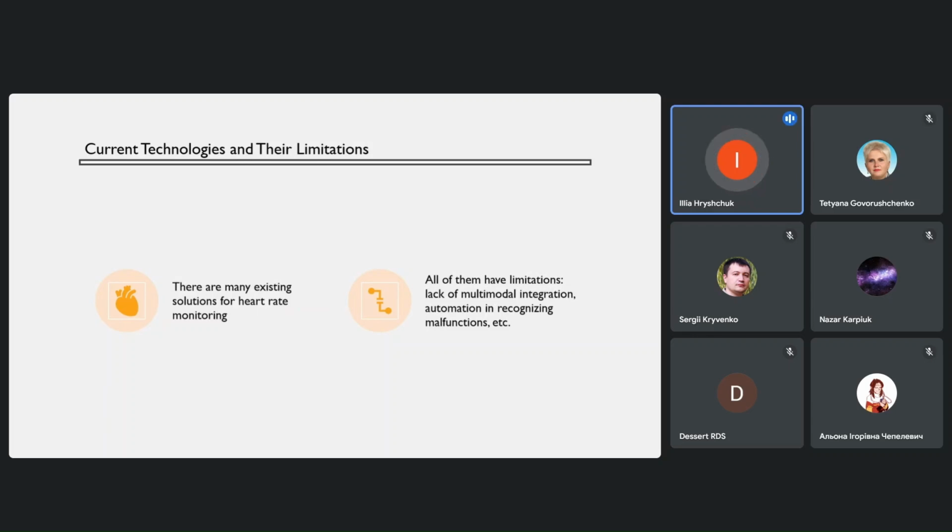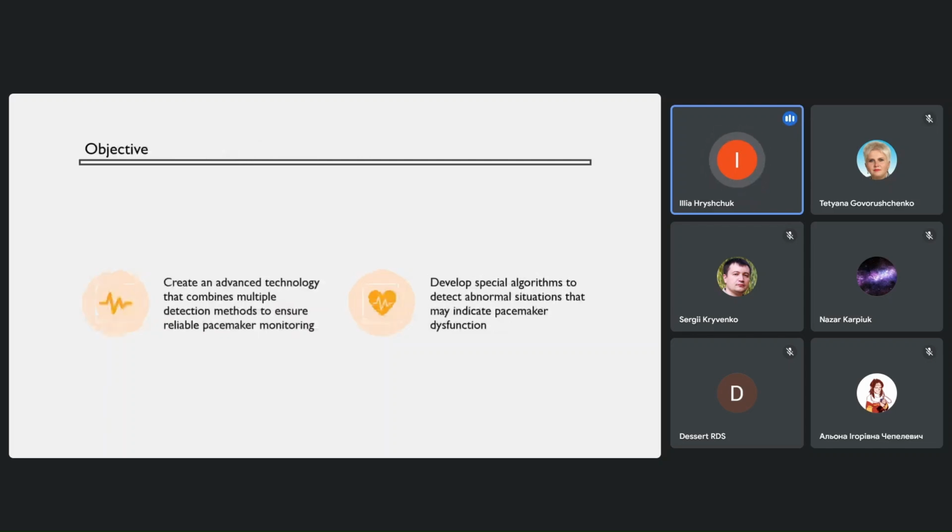Some of them are very complicated, some are very expensive, some lack automation, and so on. So the task was to develop an advanced technology that combines multiple detection methods and special algorithms to detect abnormal situations that may indicate pacemaker dysfunction, and it will provide reliable pacemaker monitoring.